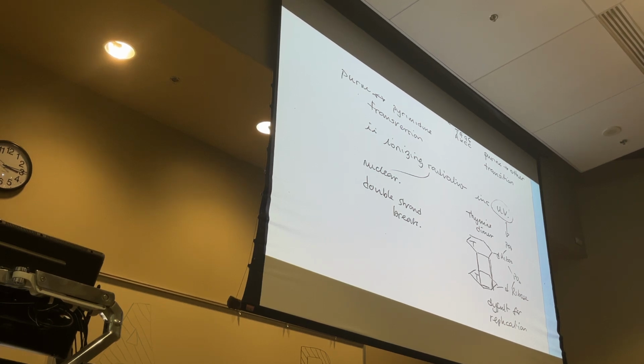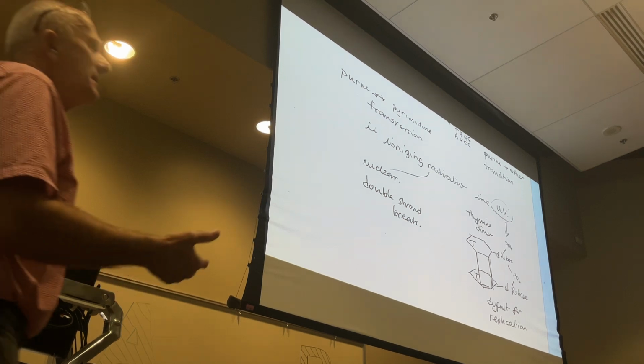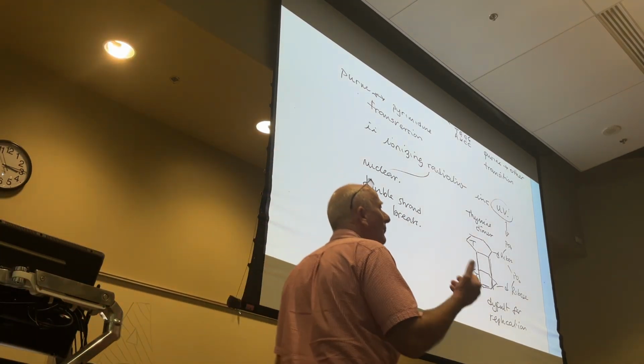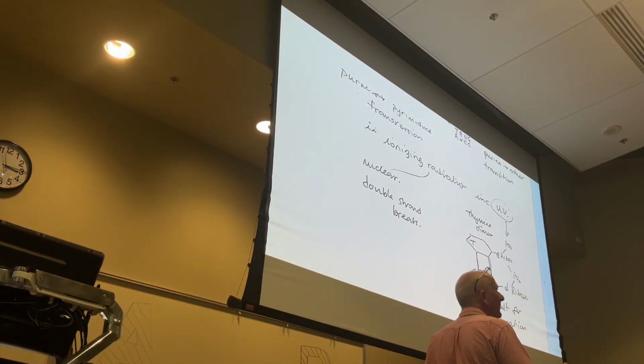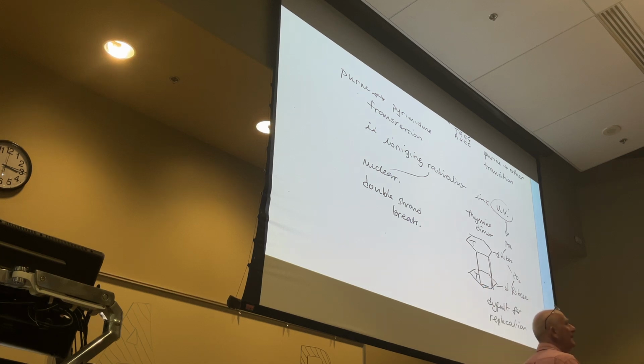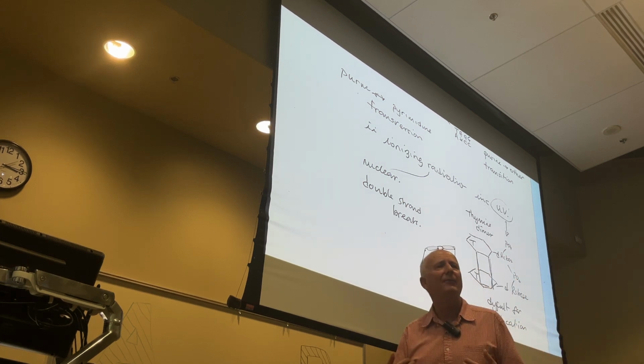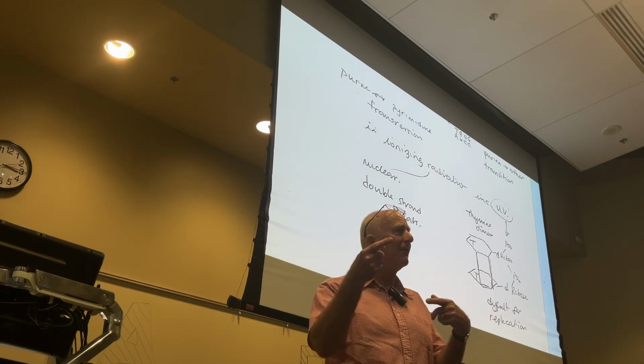A few weeks ago, I was talking about the molecular basis of recombination. Recombination between homologous alleles starts with a double-stranded cut in one allele, and then you get resection of the 5' end, so you get this overhanging 3' end.